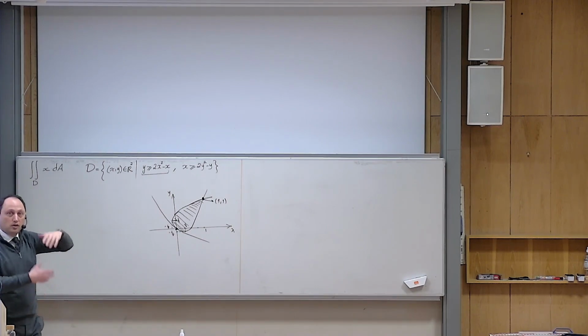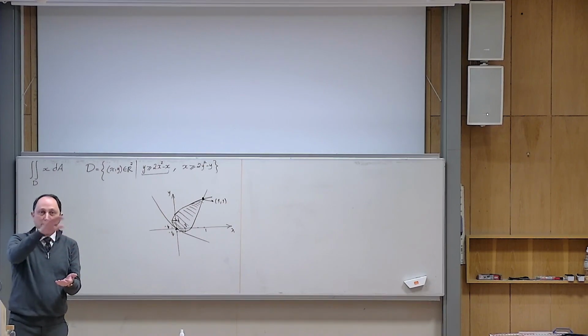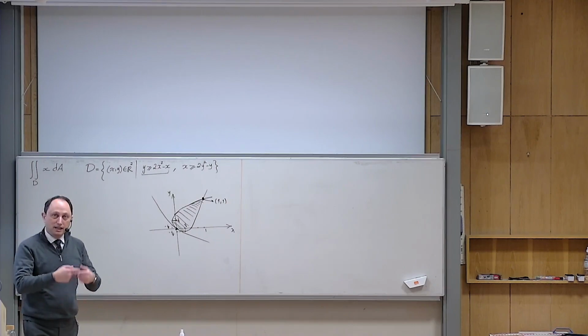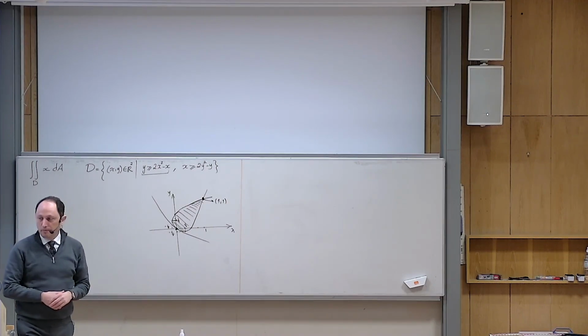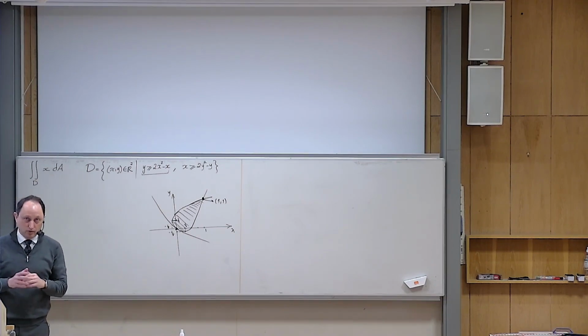So this is the volume of that object. Of course, if it is lying above the xy plane, and if it is below the xy plane, it is exactly the same volume with a negative sign. Okay? So this is the geometric interpretation of the double integral, and it's very good to know.